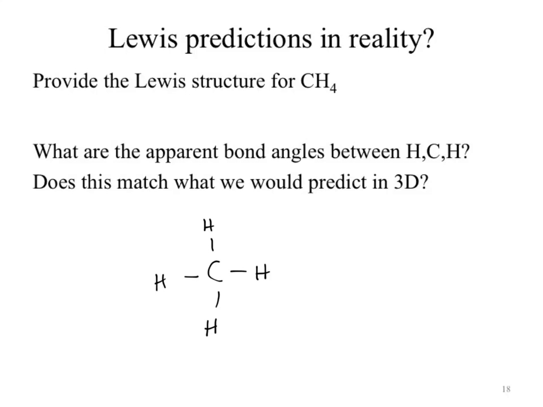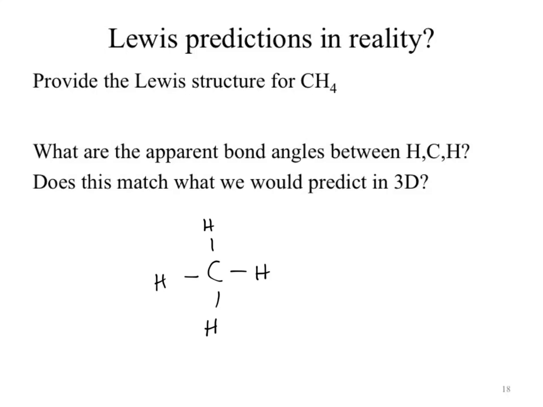Are any of those hydrogens different from any of the other hydrogens? No. They're all exactly the same. What happens when we bring two hydrogen atoms near each other? Both hydrogen atoms have a nucleus. What do those nuclei do? Positive, positive, and they spread away from each other. You're kind of right with the bond.